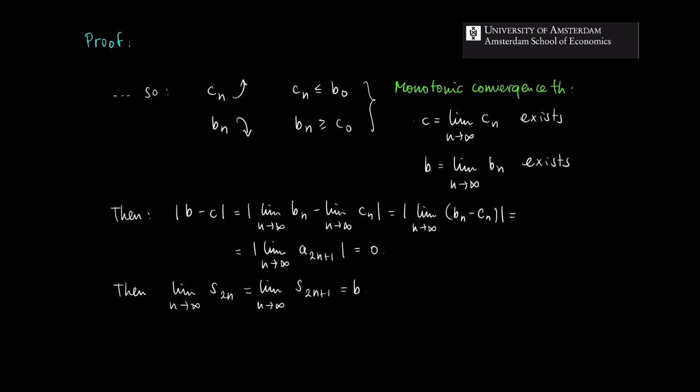And this all should be B or C. So the elements with even indices are closing in on B, and the same holds for the sequence elements S2n plus 1, so the ones with odd indices are also closing in on B. This means that the whole sequence closes in on B. So we have shown that the limit of Sn for n to infinity exists, and this is the limit B.